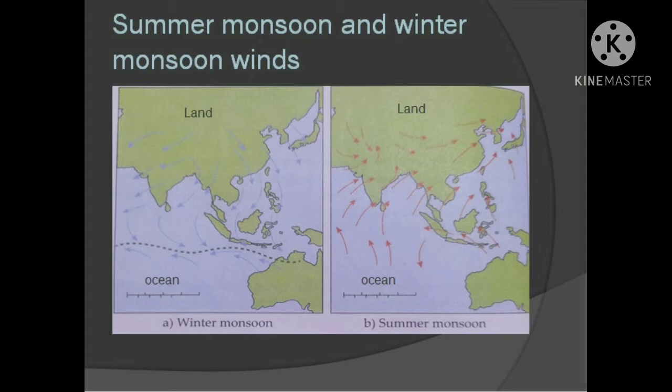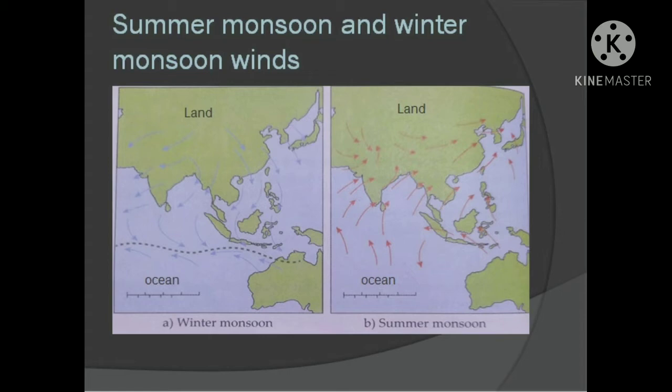This moist and cooler rain-bearing wind moves from the Arabian Sea to the Bay of Bengal, gives rise to air currents and brings heavy rainfall in almost all parts of India. These winds are called summer monsoon winds.